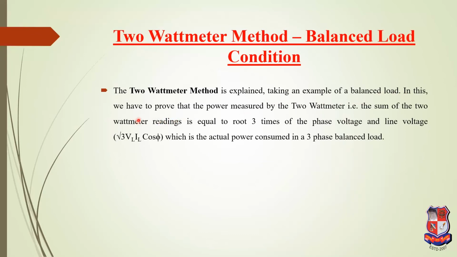Here we have to prove the power measured by the two wattmeters, that means W1 plus W2 is equal to P. The sum of the two wattmeter readings is equal to root 3 times the phase voltage and line voltage, that means W1 plus W2 is equal to root 3 VL IL cos phi, which is the actual power consumed in a three-phase balanced system. In a balanced system, each phase voltage is the same in magnitude, similarly current is the same in magnitude, but all three phase voltages and currents are 120 degrees apart from each other.